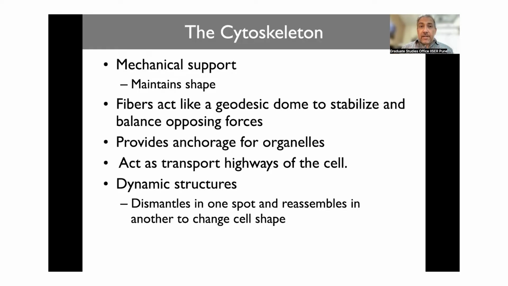The cytoskeleton also provides a way to anchor cellular organelles inside, right? So now you have a bag of lipid, and you have thrown a bunch of things inside, right? And each of those things is trying to do specific things for the cell, has specific functions, and their functions could be dependent on where they are inside the cell and how they talk to each other.